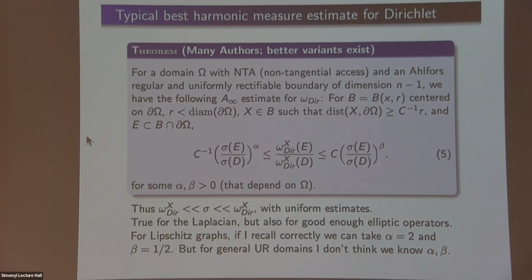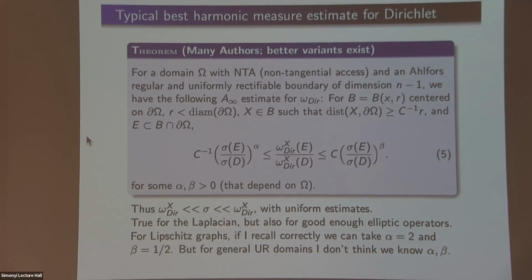And in this surface ball, I draw a set E, contained in what I call D, the intersection with the ball B. And I'm trying to compare those two numbers, the harmonic measure of E and the harmonic measure of the whole thing.